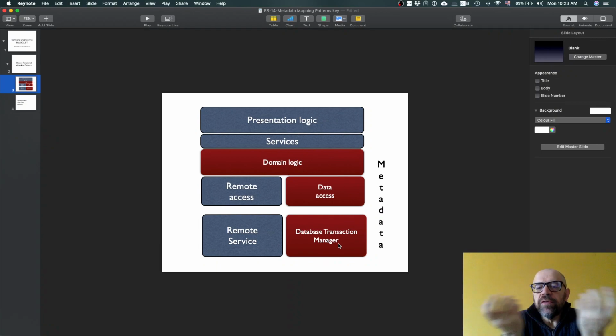Of course, this provides a generic way to deal with changes either in the structure of the domain or the structure of the database. You may look at some of this metadata, for instance, when you use JPA, when you have all these annotations that are defining mappings between the names in the class and the names in the database.